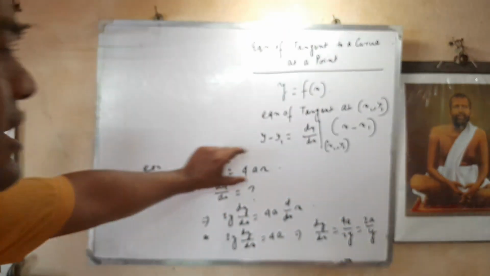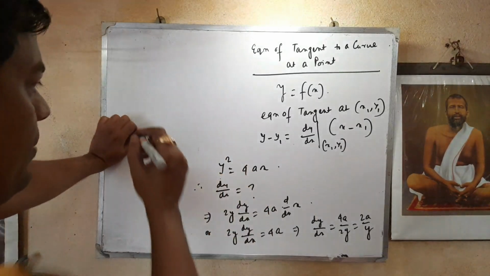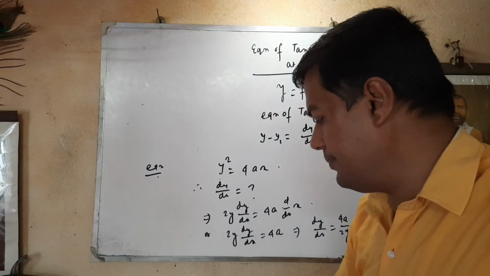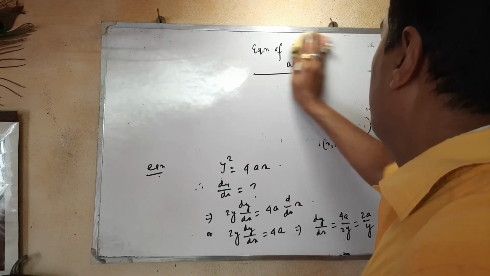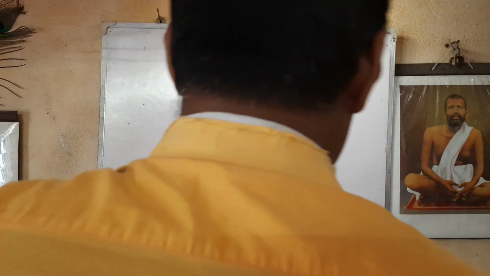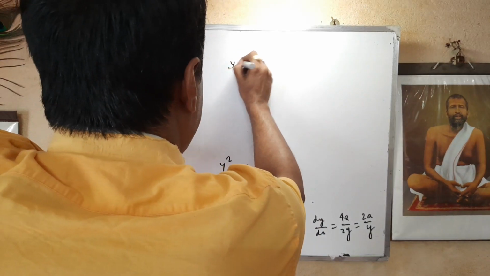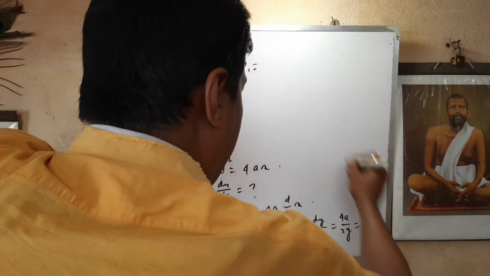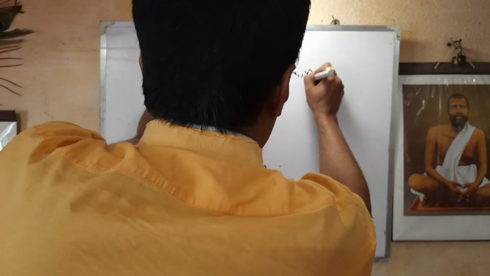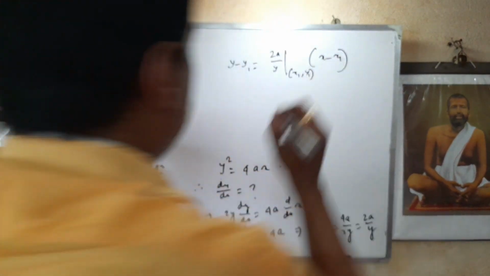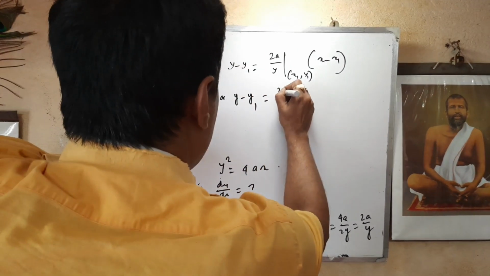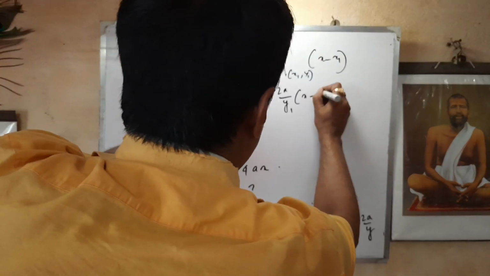So the equation of the tangent to this parabola at the point x1 comma y1 will be, I am just erasing these steps, y minus y1 equal to dy/dx, which is 2a by y, calculated at x1, y1, into x minus x1. Or y minus y1 is 2a by y1 into x minus x1.